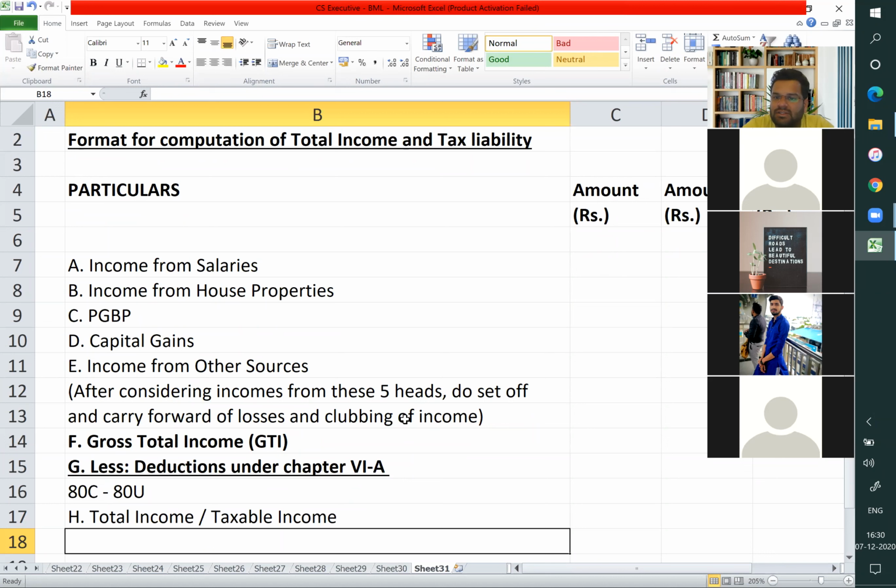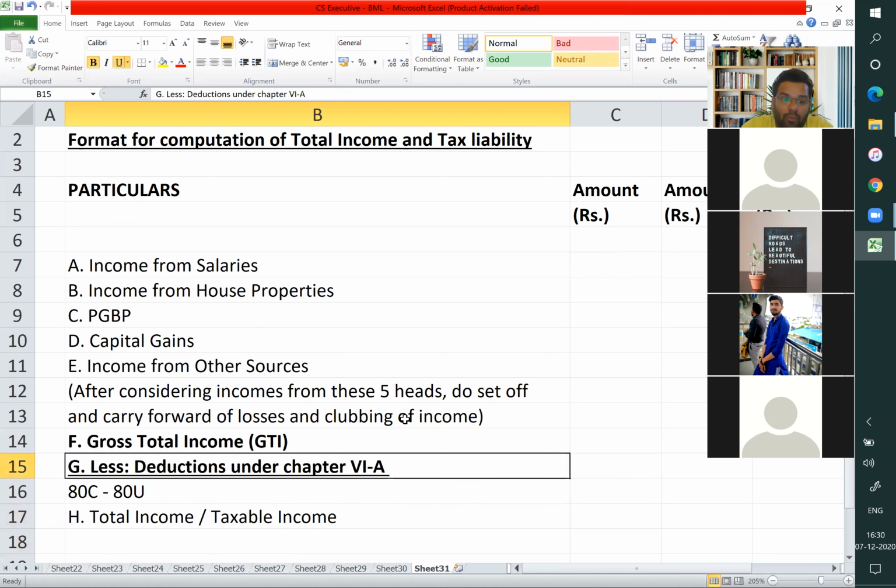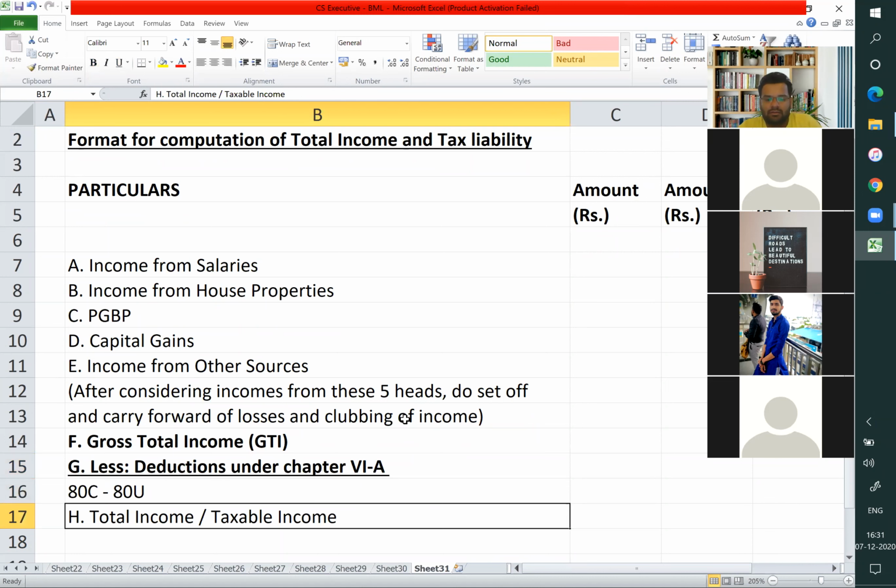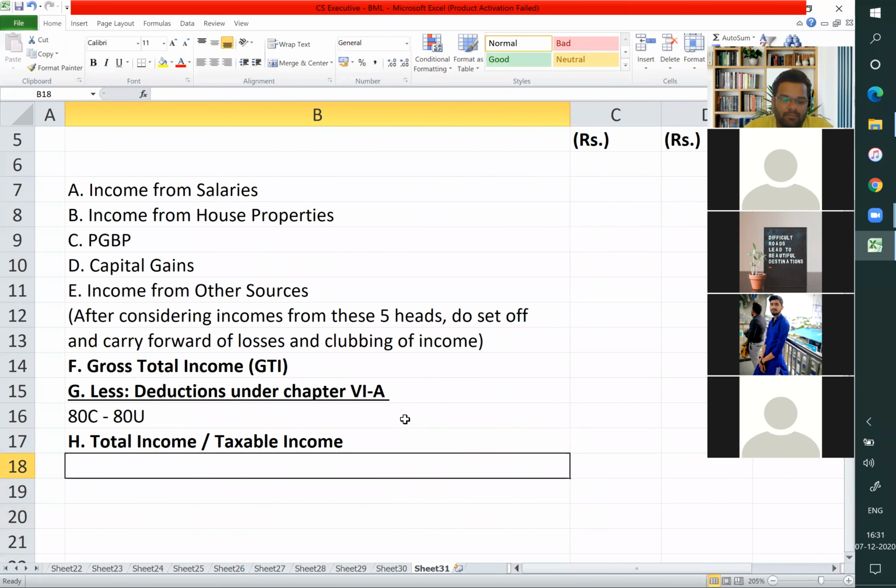In short, just as of now, remember some opportunities given to me of saving tax are considered under deductions. Then I get total income, or I can call it taxable income.